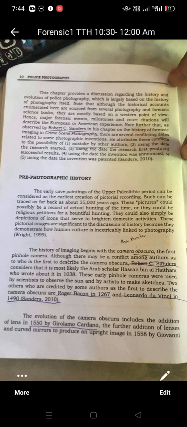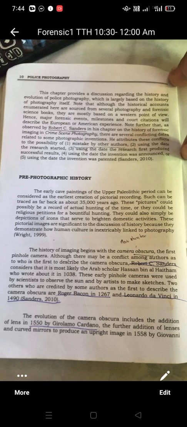Pictures can be a record of the actual hunting of the time or religious petitions for a bountiful hunt. It is said that pictorial images are very significant because they demonstrate how human culture is totally linked to photography (Wright, 1999).